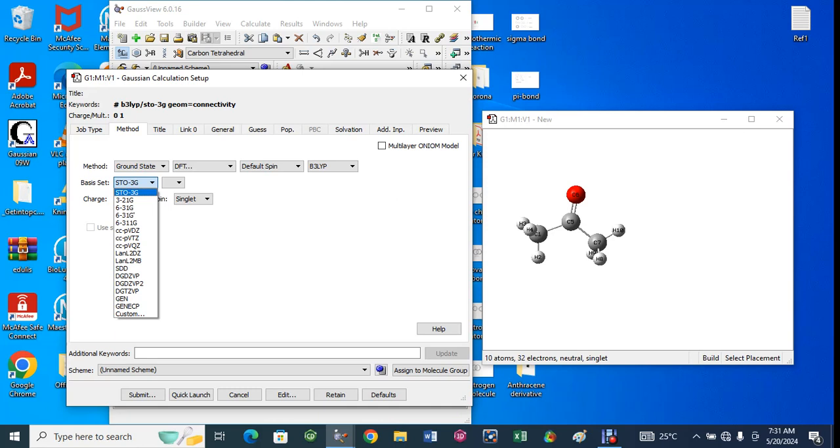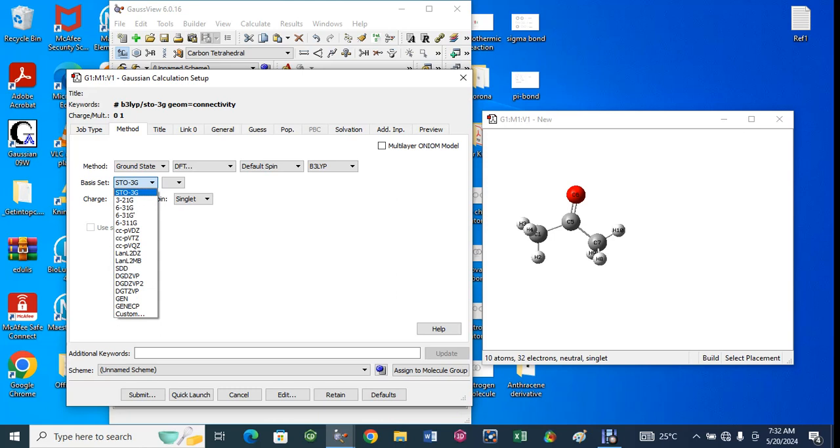The choice of basis set is a function of how accurate my calculation might be. If I choose a lower basis set, my calculation might not run very well. I might not have a very good result even after I have employed the best of all techniques. So I have to be very careful when selecting the basis set.